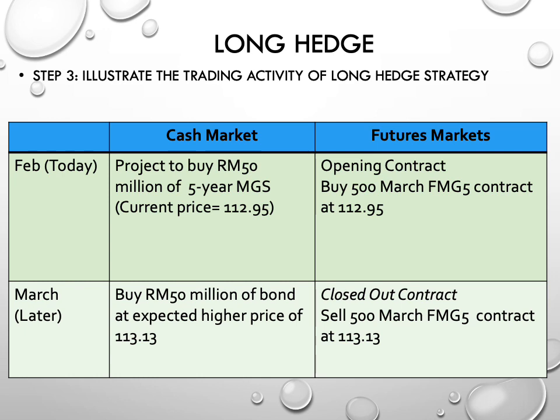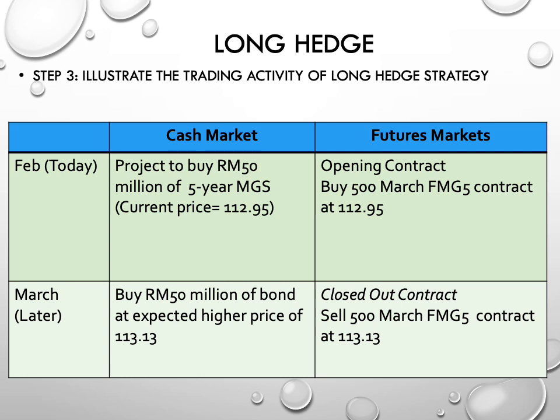If you plan to buy bond in September, then you need to use the September futures contract. So you buy the March contract today at price 112.95. How many futures contracts do you need to buy? 500 lots based on step number 1. To protect 50 million of bond, you need to use 500 lots of FMG contract.